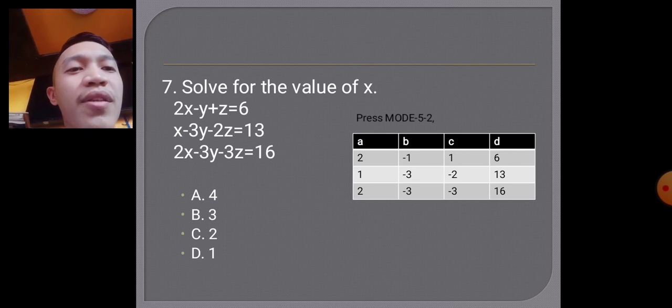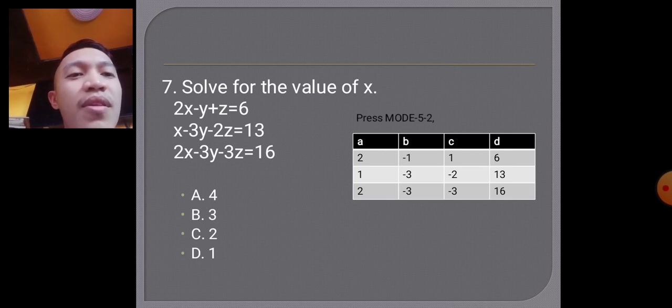You input again the values corresponding to A, B, C, and D, wherein x is our A, y is B, C is z, and D is the constant. You input the given to the table, and after that, you press the equal sign, and you will be given the value of x, which is 2.